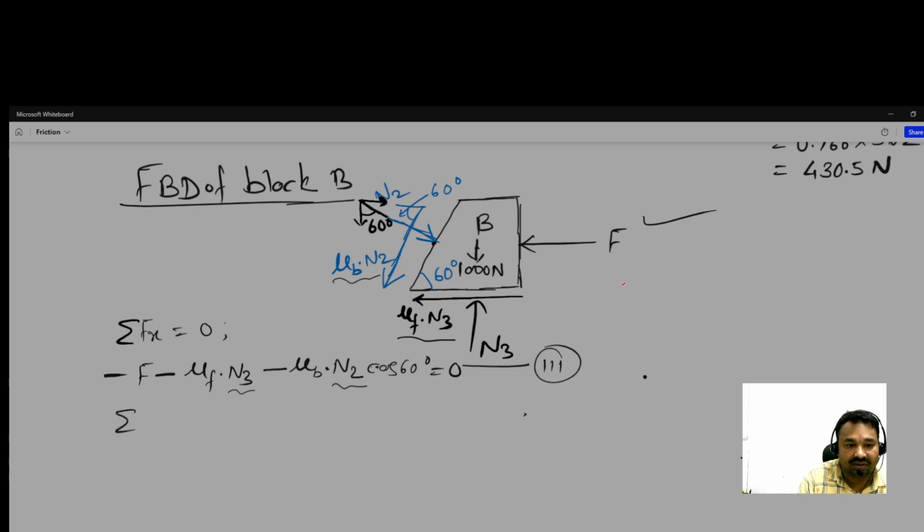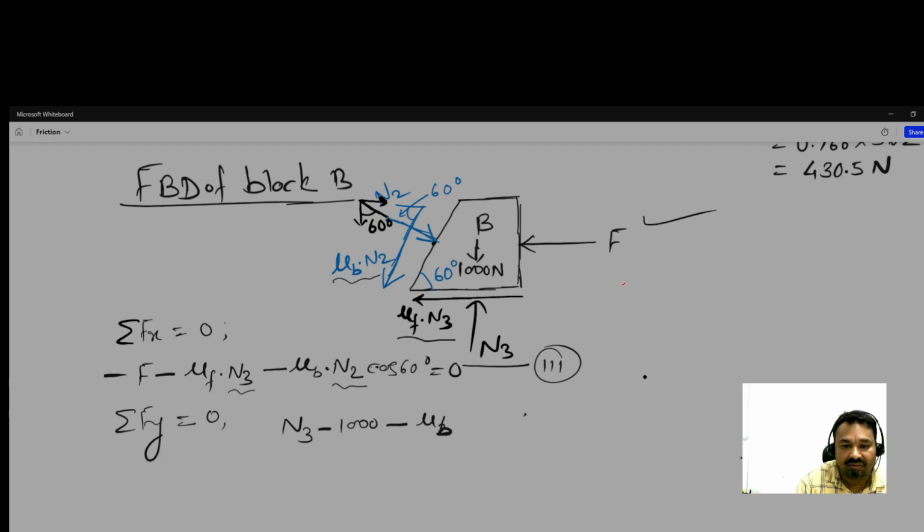Okay, now satisfying the equation of summation of Fy is equal to 0. It is equal to this N3 is acting in upward direction, so with positive, and the weight of the block in the downward direction, so negative, and the frictional force between the blocks. Okay, so it is acting in downward direction. This is between the blocks, this we have to take.